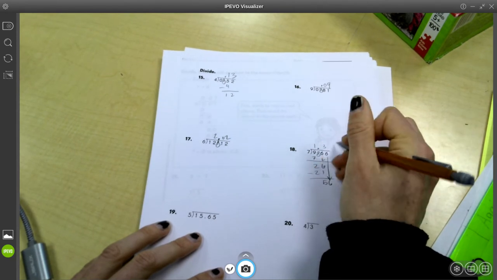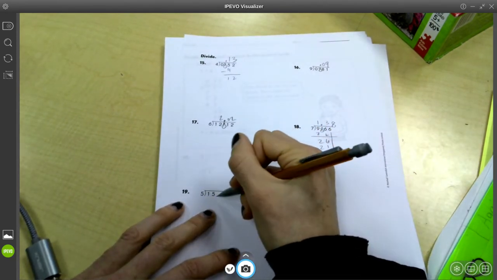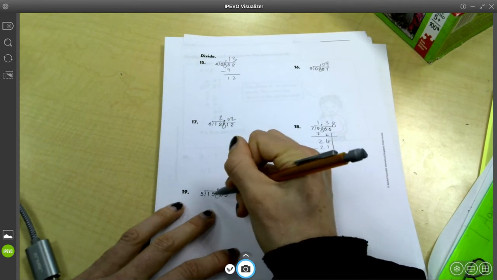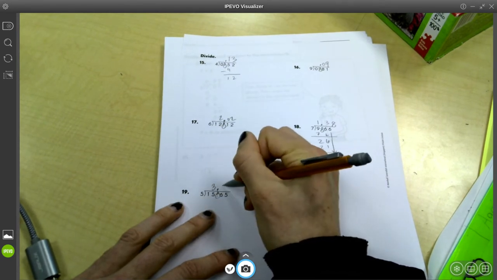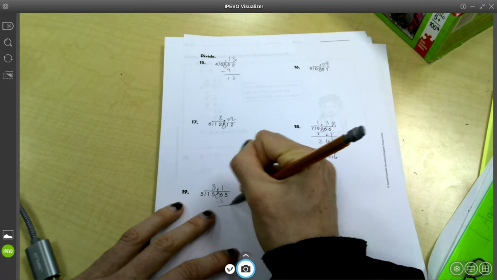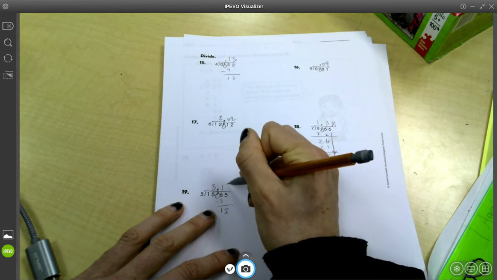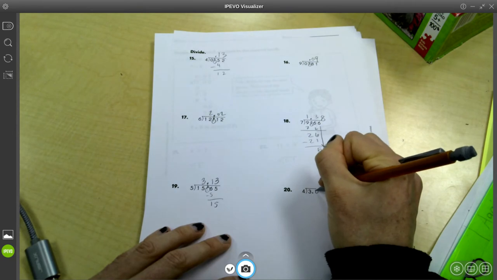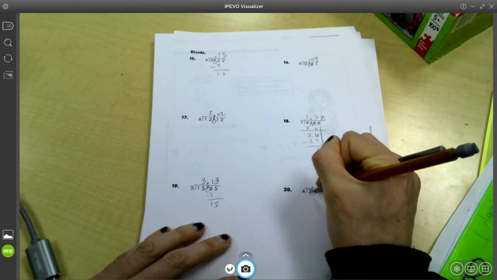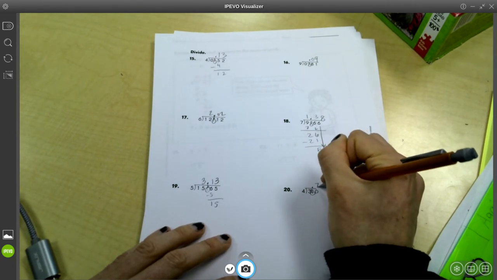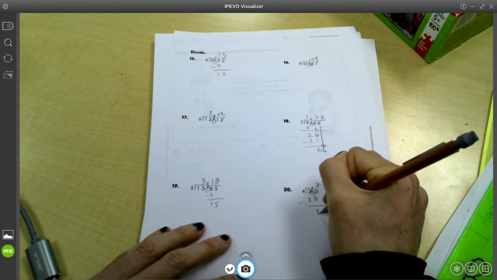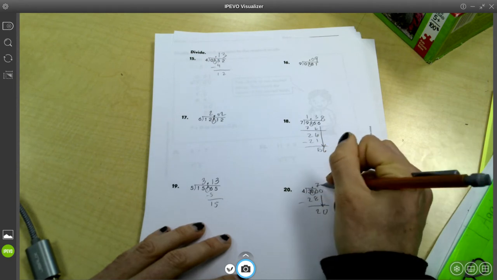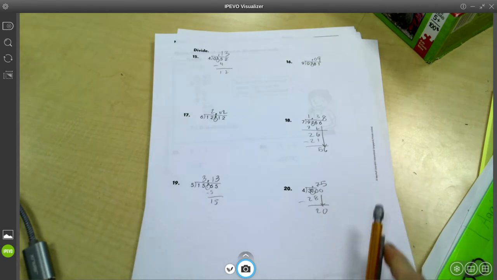Bring my decimal up. 5 goes into 15 3 times. 5 goes into 6 1 time. 5 goes into 5 once. All right, add a decimal. Bring it up. 4 goes into 30 7 times. 28. 2. Add a 0. Bring it down. 5 times.